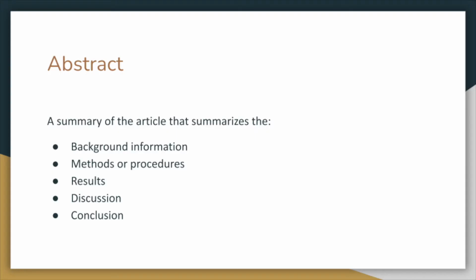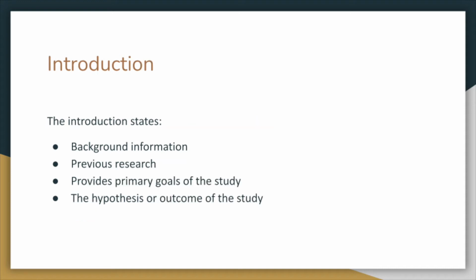The abstract, rather, is a summary of the article that summarizes the background information, methods of procedures, results, discussion, and conclusion. The introduction states the background information and previous research. It also provides primary goals of the study and the hypothesis or outcome of the study.